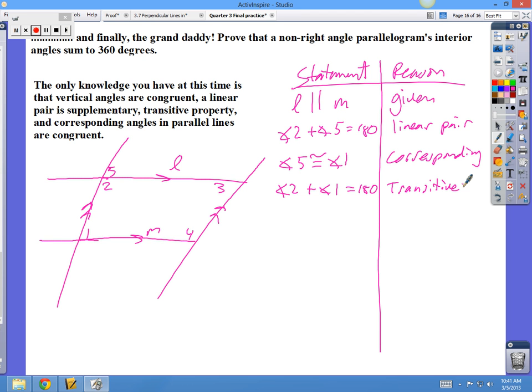Okay. Now if I could show 3 plus 4 is 180, I'm done. So let's move over to the right hand side and let's add 6. So I'm going to say angle 3 plus angle 6 equals 180 because they are a linear pair. And then I'm going to say angle 6 is congruent to angle 4 because they are corresponding.